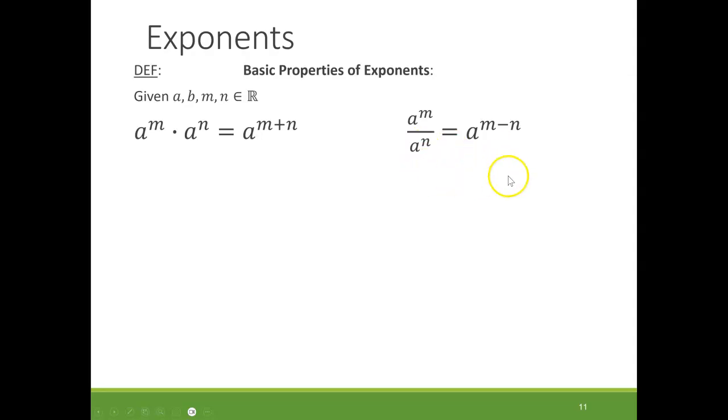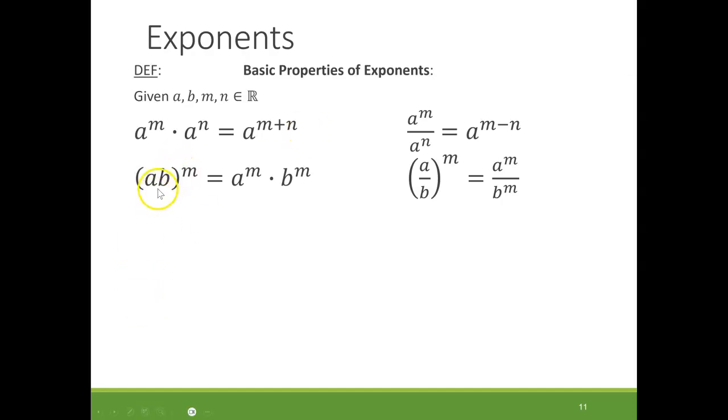That's assuming that a is not... What value can a not have here? Or else it gets us into big, big trouble. 0, very good, right? Because 0 divided by 0 is, well, it's not 0. Yeah, it's indeterminate is the proper term for that. Undefined is fine, though. If you're ever curious, ask Siri what 0 divided by 0 is. It's quite humorous.